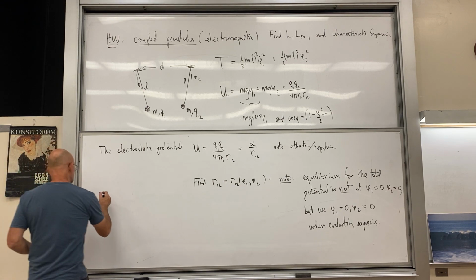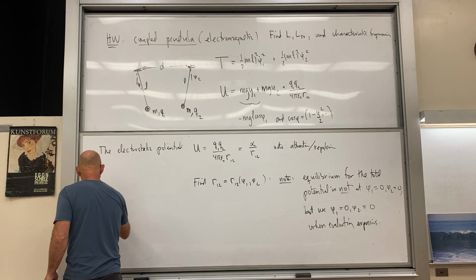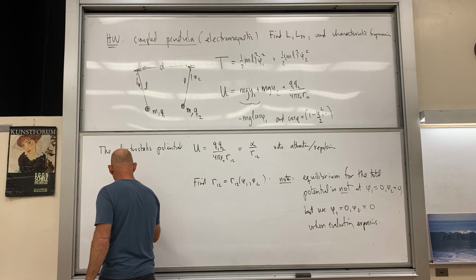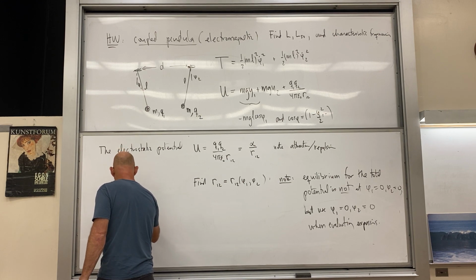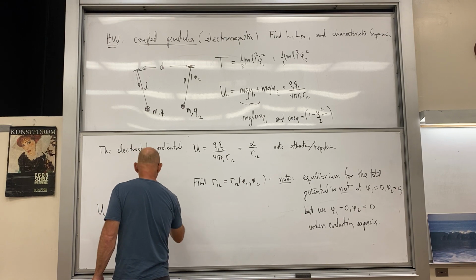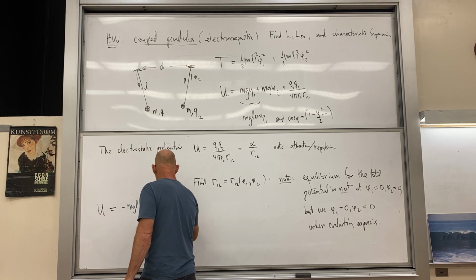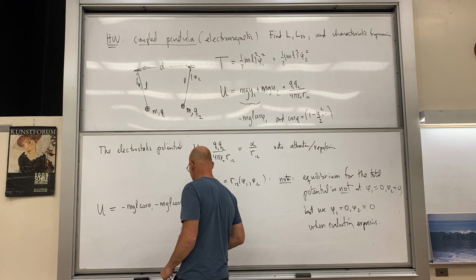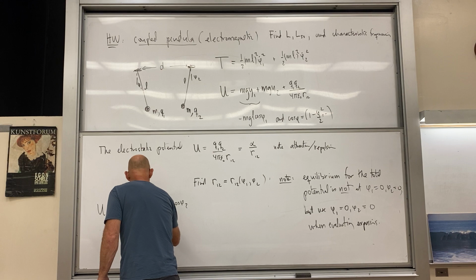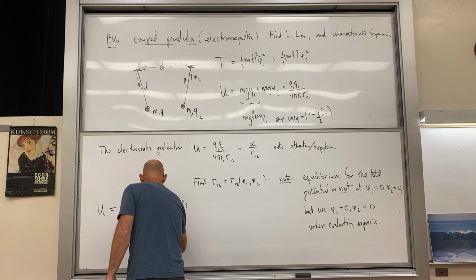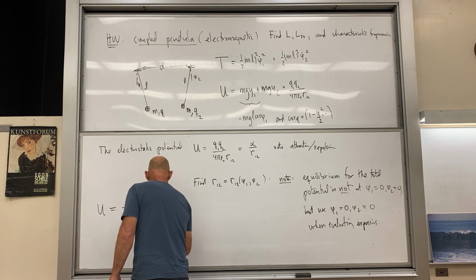So now what would our potential energy look like? You are going to have minus mgl cos phi1 minus mgl cos phi2 plus alpha over r of phi1 and phi2.